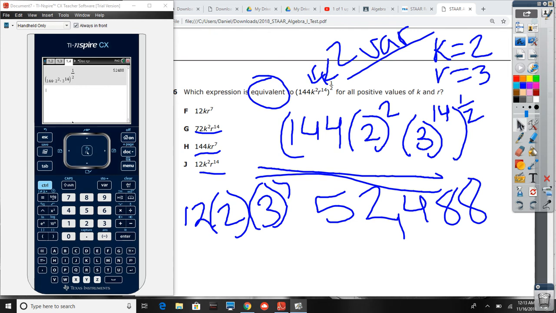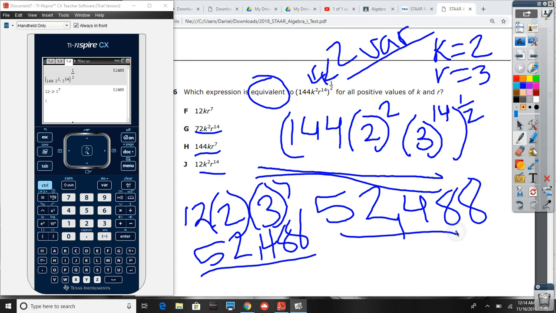Okay, so I'm going to type in 12, open parentheses, 2, close parentheses, and then open a parentheses, 3, close parentheses, caret symbol, 7, and press enter, and oh, got lucky. Look at that. Lucky, right? The first one that I tried gave me 52,488. Therefore, if you get the same number, your answer is F.